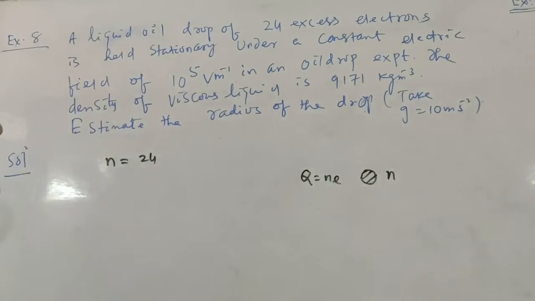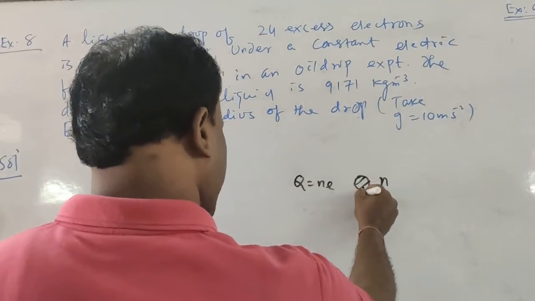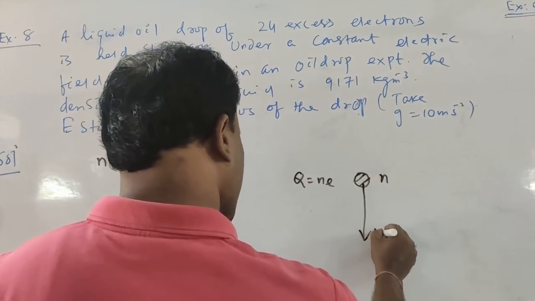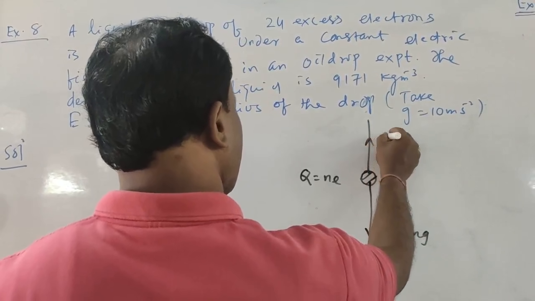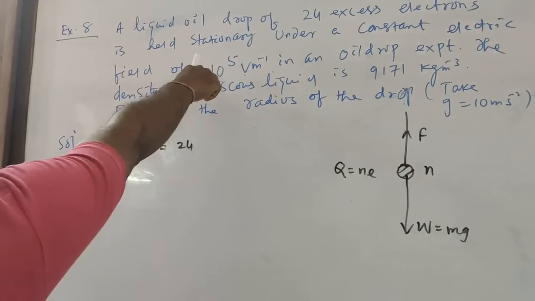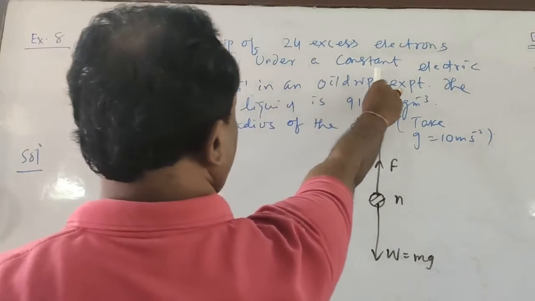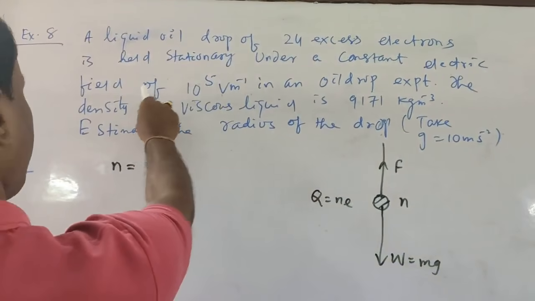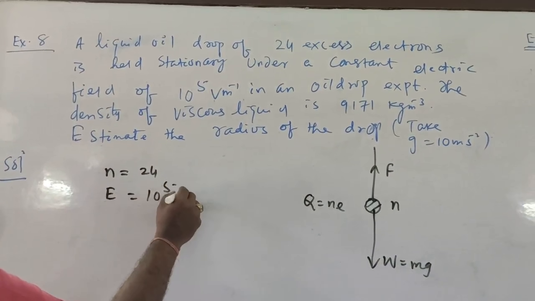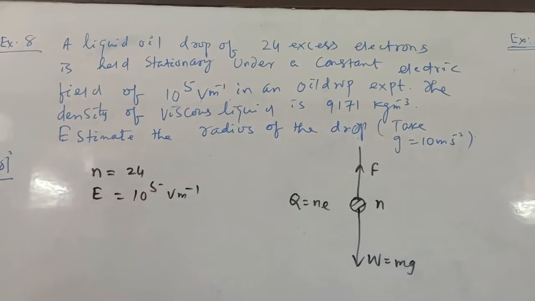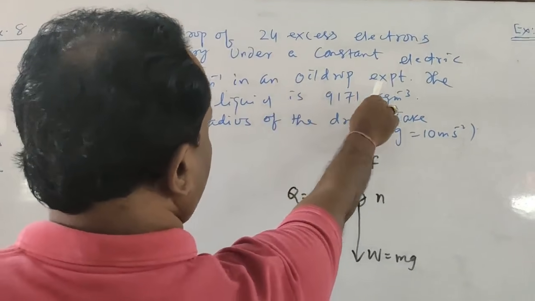Clear? Held stationary means its weight is balanced by the electric force. It is stationary under a constant electric field of 10 to the 5 volt per meter, in the oil drop experiment.